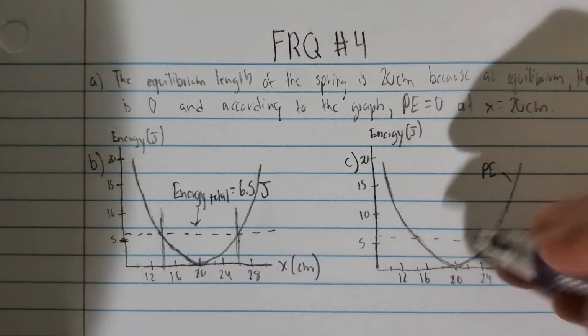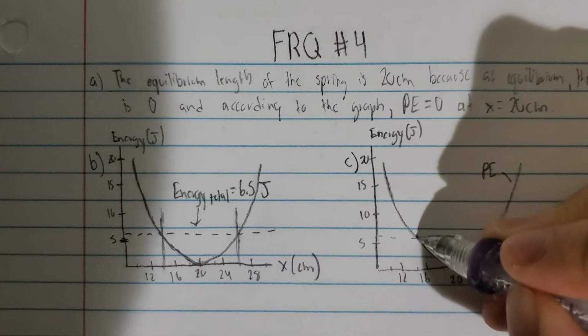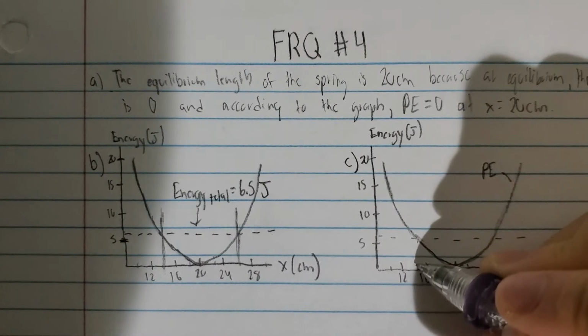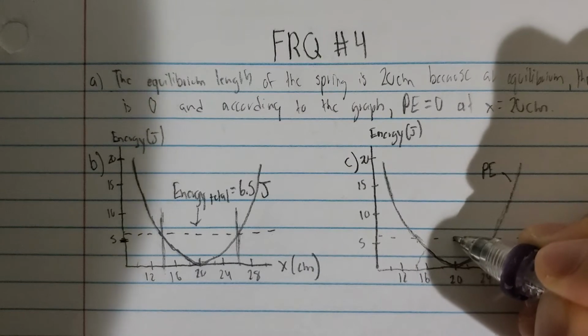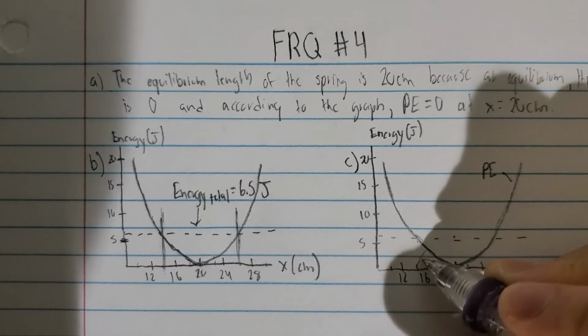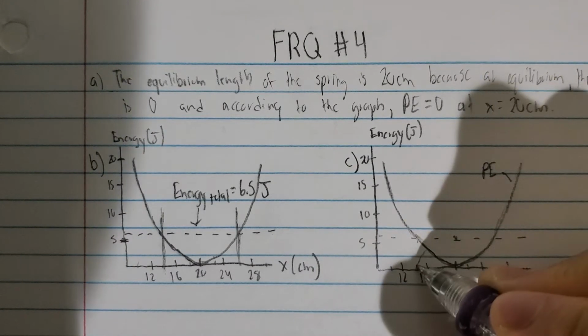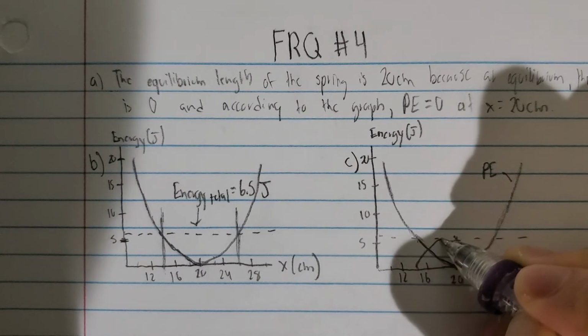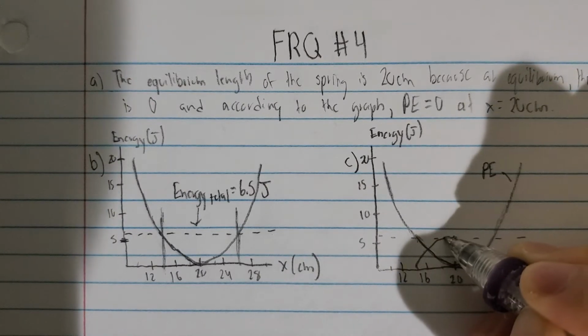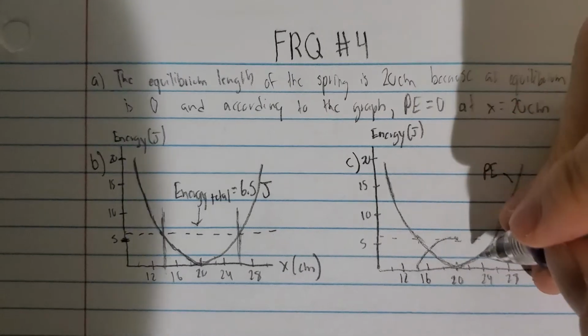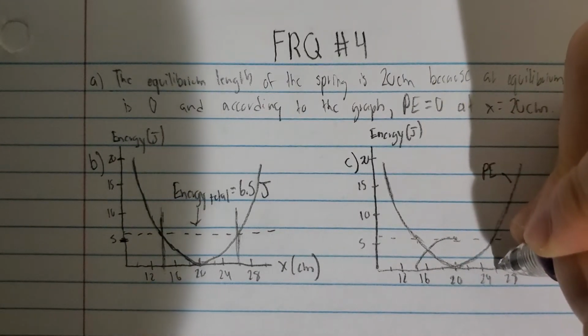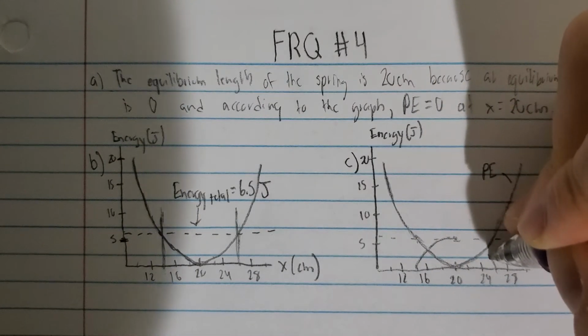So since these are the turning points, I know it will start right here at 0, and it will hit this 6.5 line at 20, and then return back to 0 at 26.